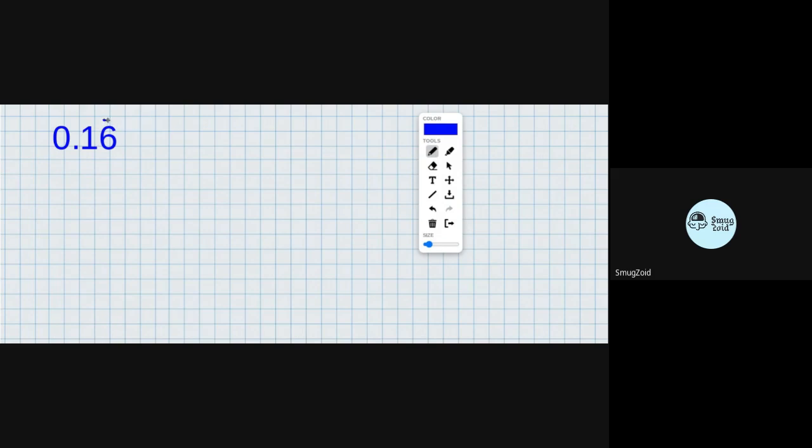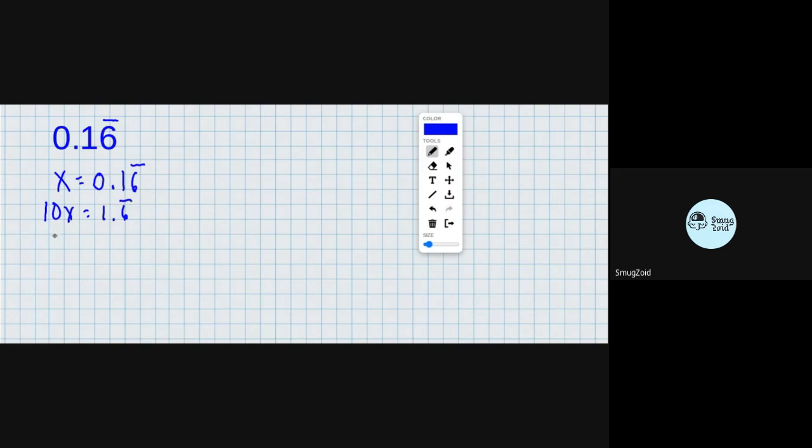So the first thing I want to do is say x is equal to 0.16 repeating. Now I'm going to try to get the repeating part to the front, and the reason I do that is I just multiply this by 10. 10x equals 1.6 repeating.